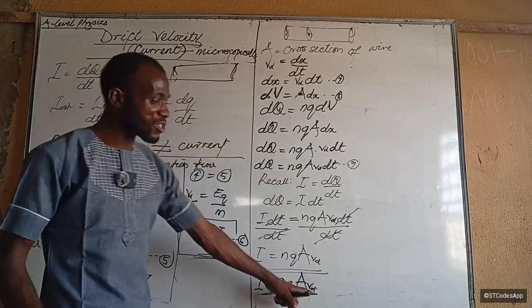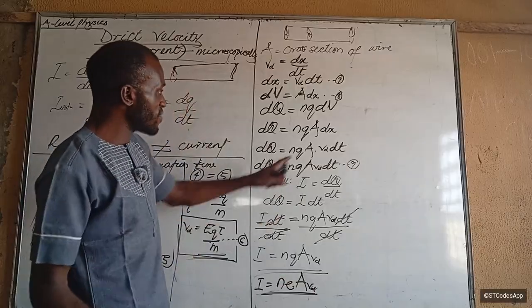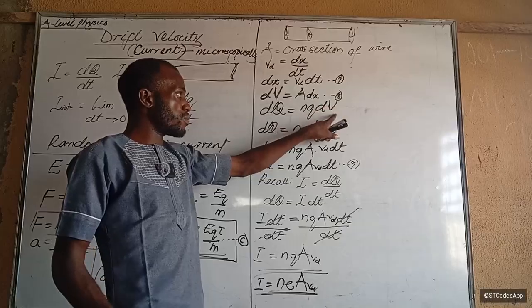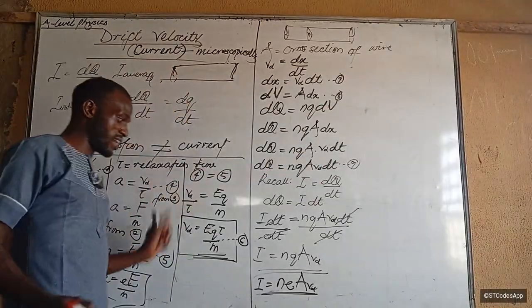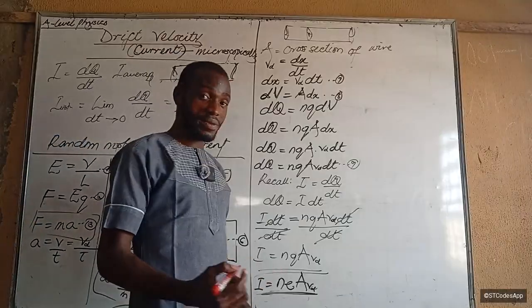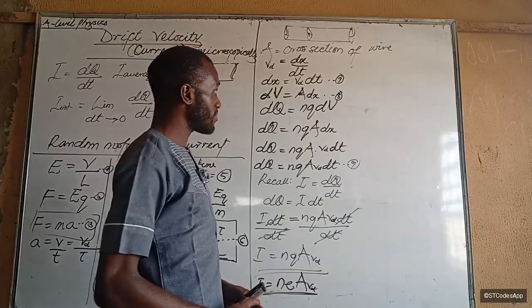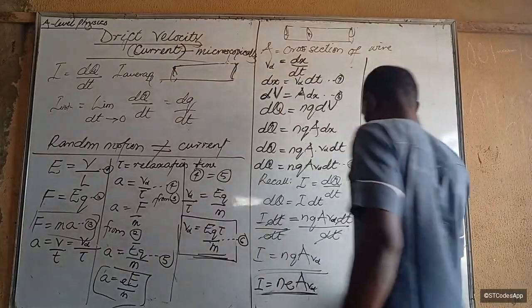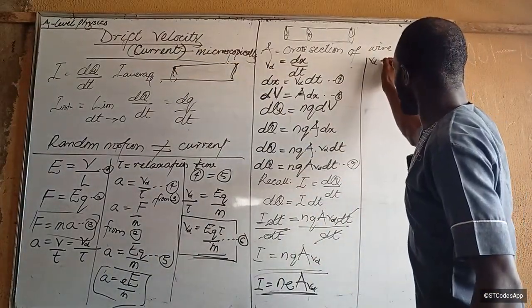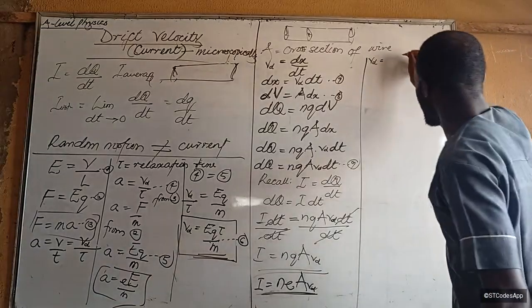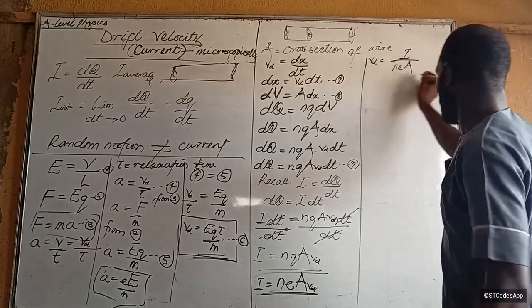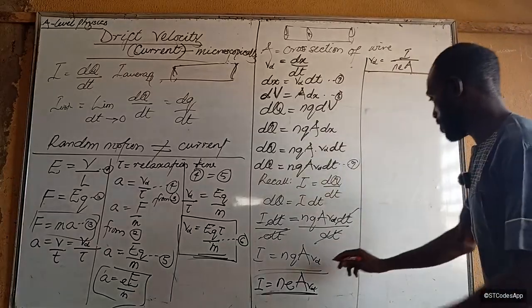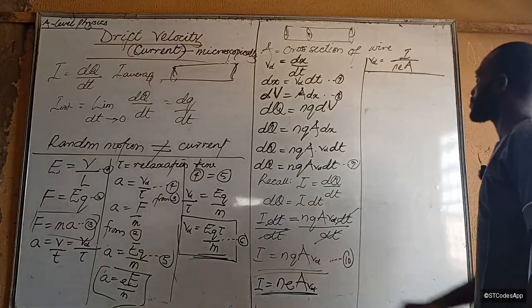I'm intentionally putting v sub d here because when I write V for volume, you will not confuse it with V for voltage and V for distance. Some people might say there are too many V's there. So from here, v sub d, the drift velocity, is going to be I over nea. Let this be equation 10.